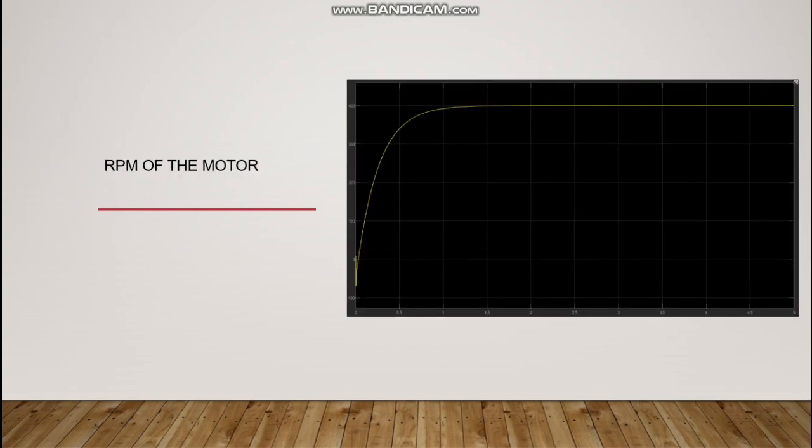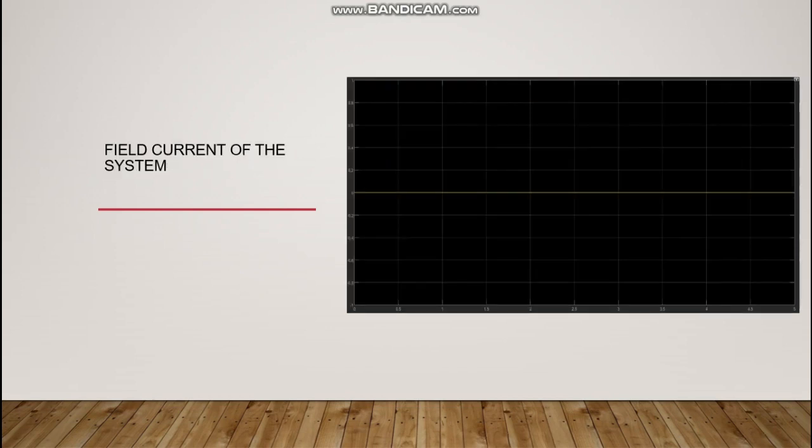For the speed RPM of the motor graph, when the speed is below 0, the current will be equal to 0, which indicates that the device hasn't reached its starting point yet. But when the speed is equal to 0 and increases gradually, the current escalates but remains constant when it reaches a certain value. The third graph is the field current graph, where the current becomes 0 and stays constant throughout the time taken for the simulation.